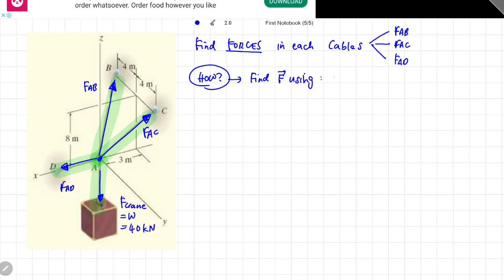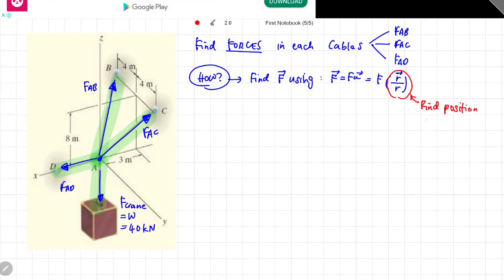So you can use a formula of force vector equivalent to the magnitude of force multiplied with the unit vector, whereby the unit vector can be calculated by dividing the position vector R with the magnitude of the position vector. So in this case, the first step of the analysis, you need to find what is the position vector, and then you need to find the magnitude of the position vector.